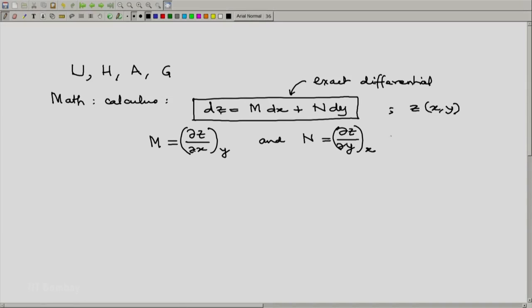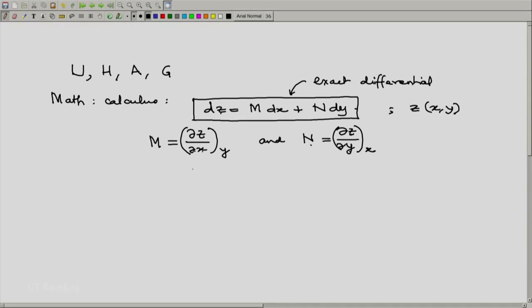Continuing with this, if this on the right hand side is an exact differential, then M must be partial of Z with respect to X at constant Y, N must be partial of Z with respect to Y at constant X, and the crossed second partial derivatives must be independent of the order of differentiation.